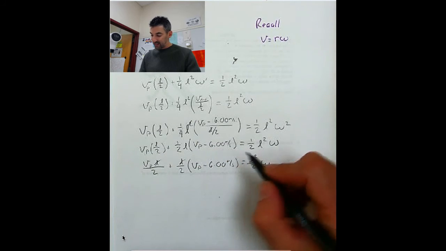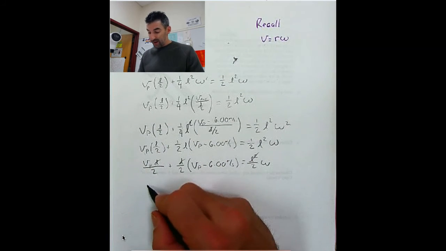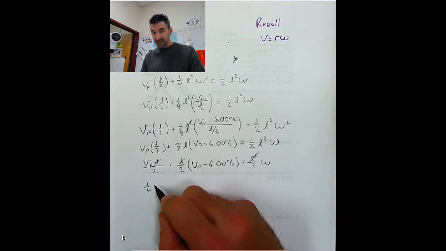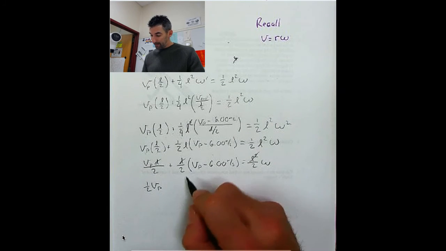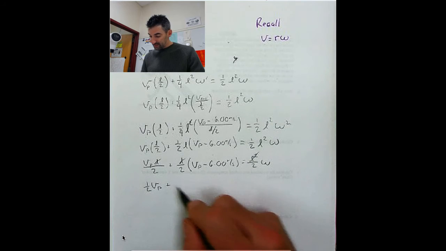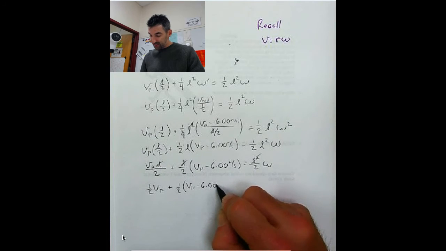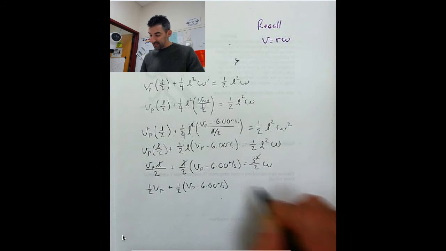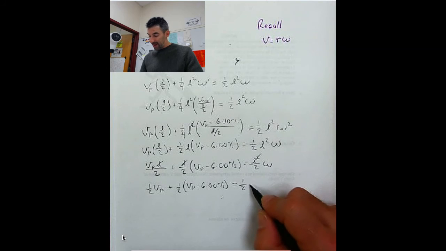L cancels, L cancels, L cancels. You probably saw that before I did. So now I have 1/2 v particle plus 1/2 times v particle minus 6.00 meters per second equals 1/2 times omega.